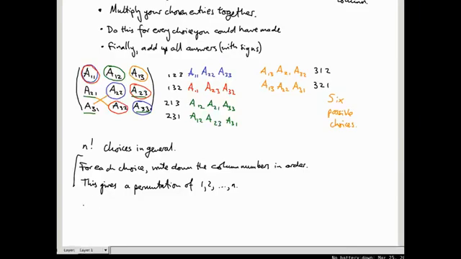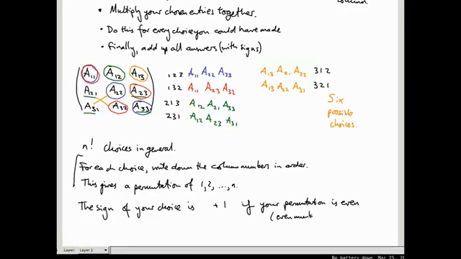So the sign of your choice, as in of the choice you made, is +1 if your permutation is a so-called even permutation, which means that it's obtained by doing an even number of flips, where you just flip two things, or transpositions.